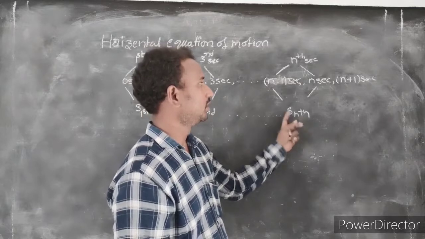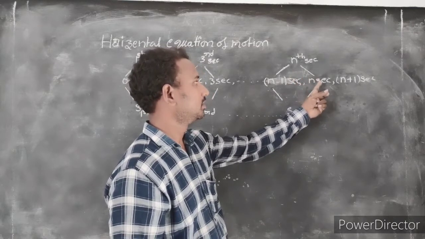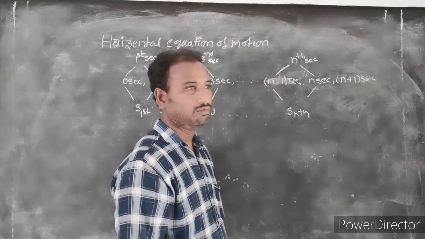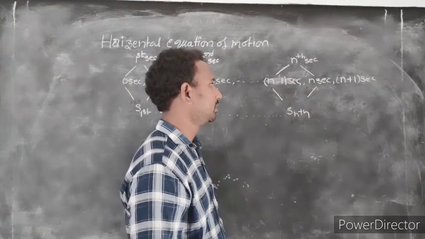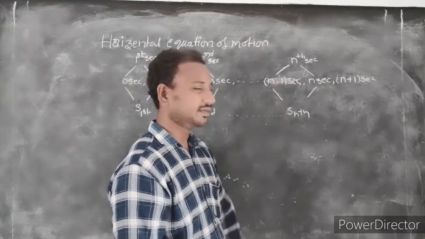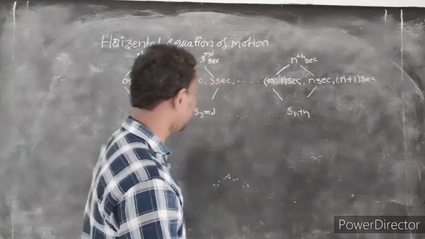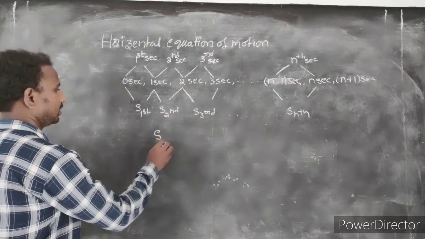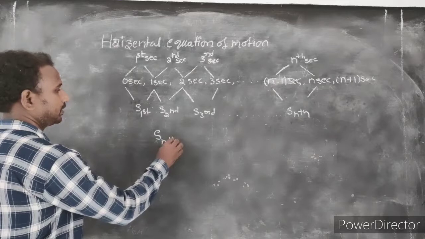S_n is nothing but the displacement difference between two incidents. What are those two incident times? One incident time is n seconds, another is n minus 1 seconds. Find the displacement at the nth second.